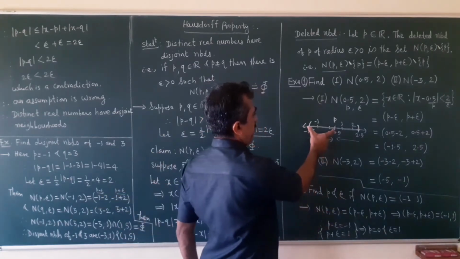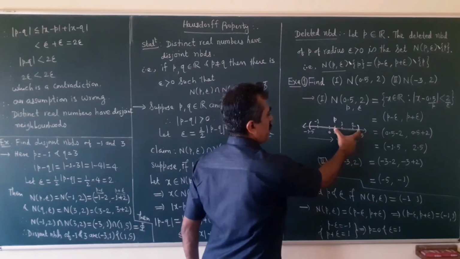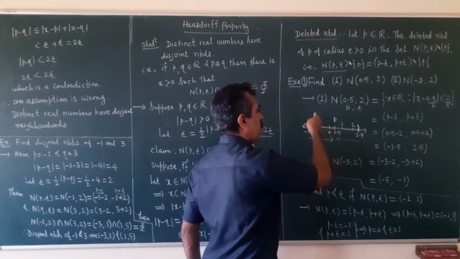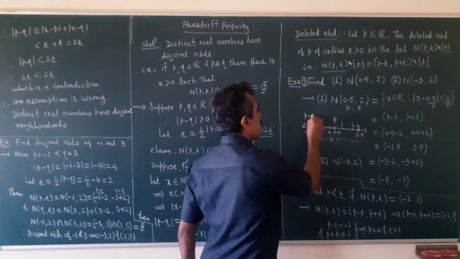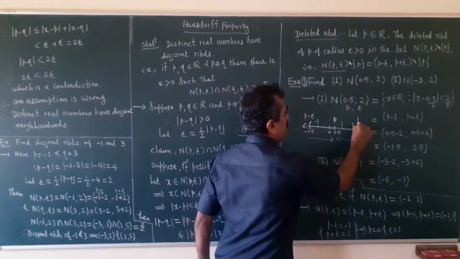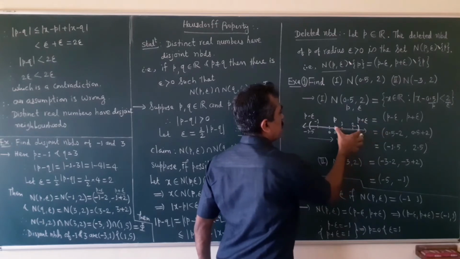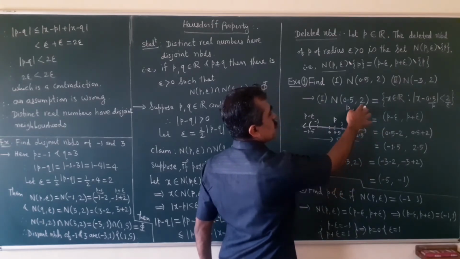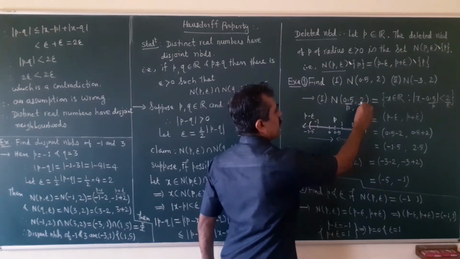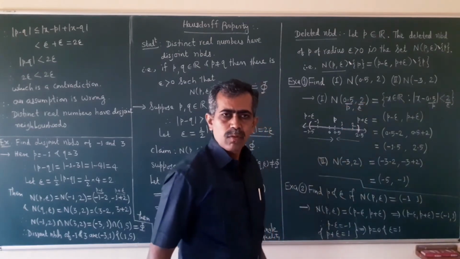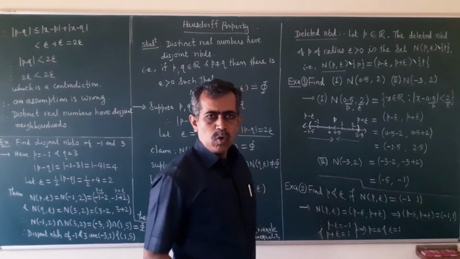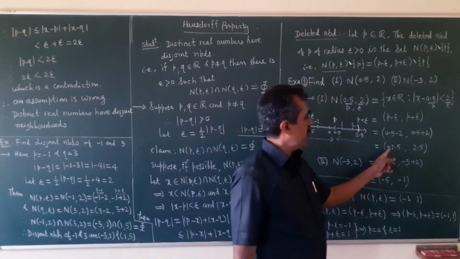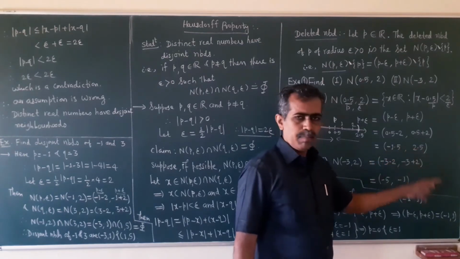Here epsilon is 2. So the neighborhood of any point P of radius epsilon is always the open interval (P minus epsilon, P plus epsilon).